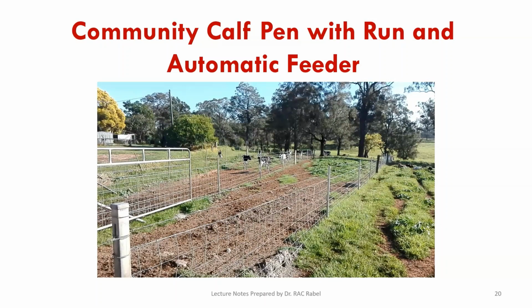However, of course, you can think of cons of this system also, where it will be an expensive setup, right? And then if you think of the floor here, it's either grass or soil. So soil can get muddy.